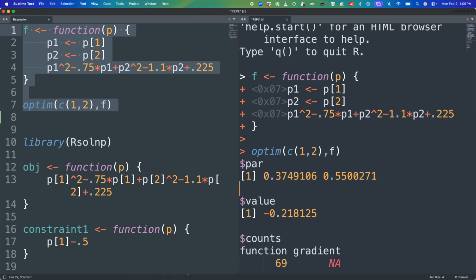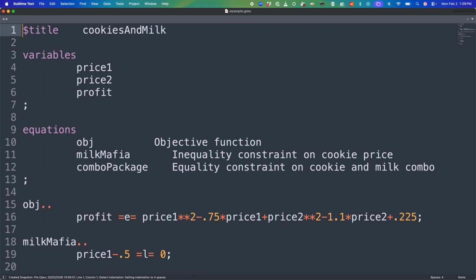And then, let's see here. So the last thing that I'll say about using different tools to solve it. There are a number of software platforms that are especially designed to handle optimization.